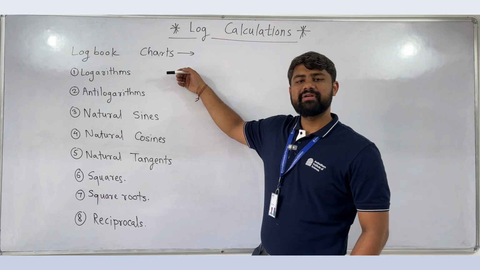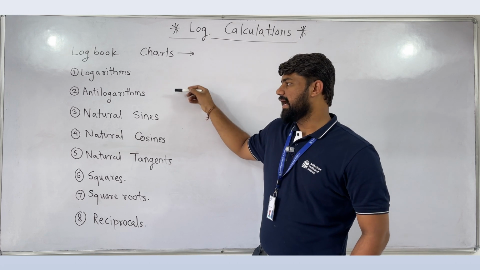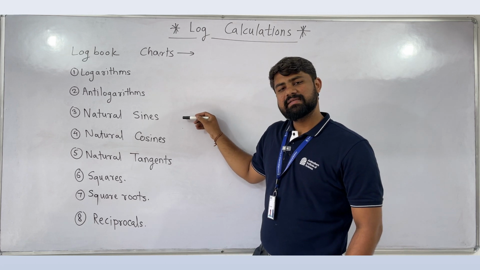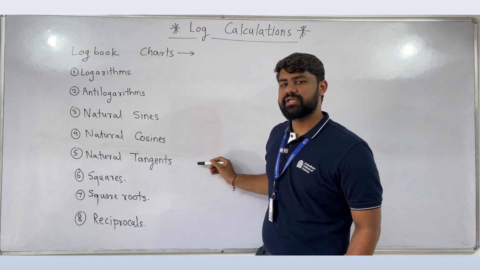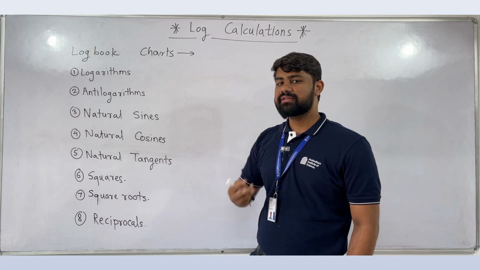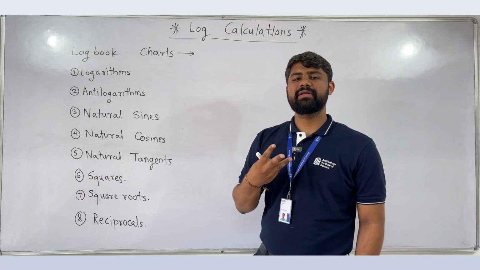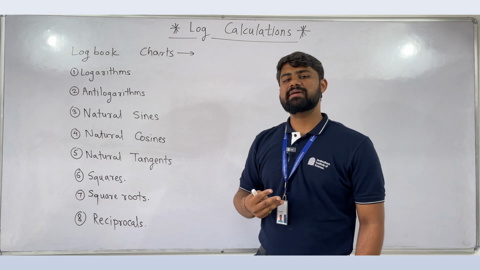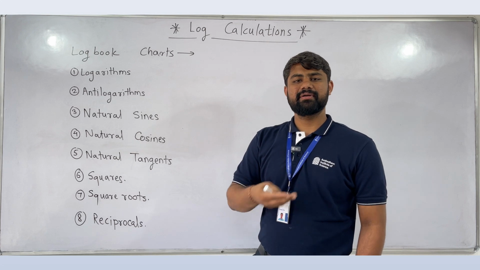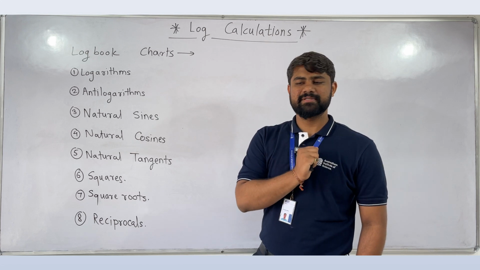So the first chart we get is the logarithm chart, then anti-logarithms, natural sines, natural cosines, natural tangent. After natural tangent we get 3 more charts: logarithmic sines, logarithmic cosines and logarithmic tangents. But those 3 charts are not useful for our 11th and 12th numerical solving purpose.